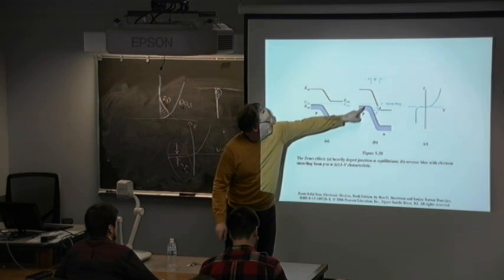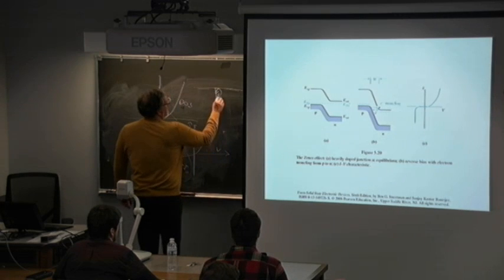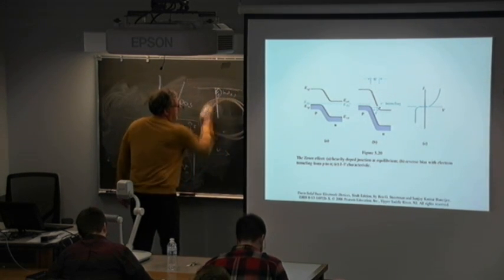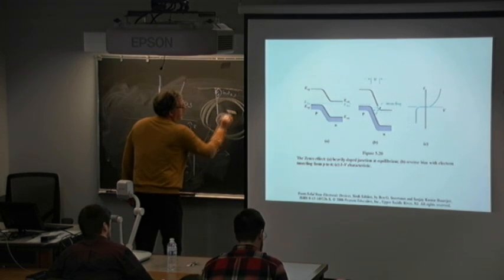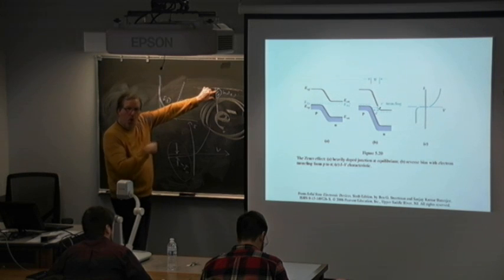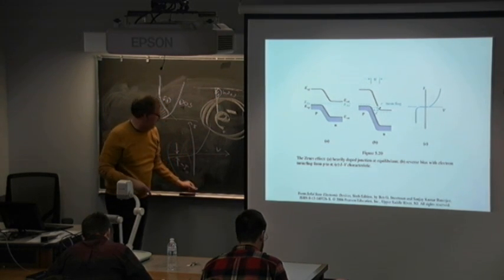Below this is electrons, an ocean of electrons. We've only lost a few electrons at the top, making room for the holes.